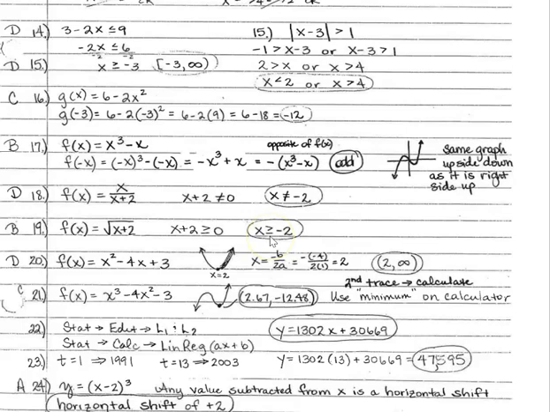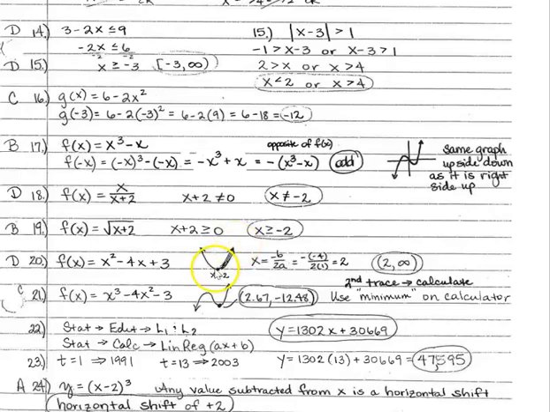All right, then for number 20, they asked me, where is the graph of the function x squared minus 4x plus 3 increasing? We know that this is a parabola that's opening up, or you could put it into your calculator and graph it in y equals to get the shape. I can see that it's decreasing here and it's increasing here.